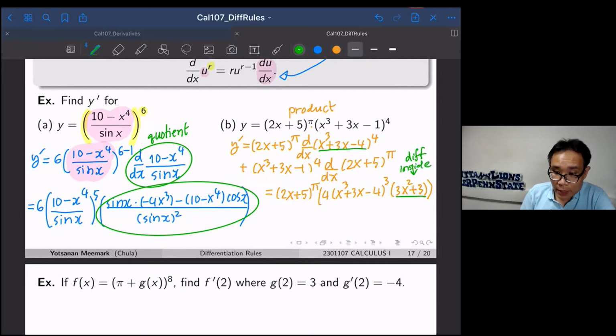And you're going to have another term, which is (x cubed plus 3x minus 4) to the fourth, and you differentiate (2x plus 5) to the pi.